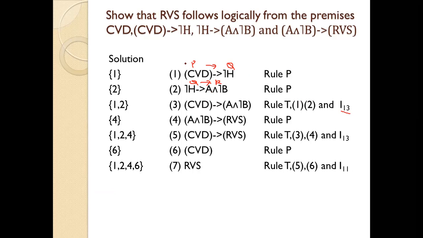And identity 13 says that P implies Q, Q implies R means P implies R.